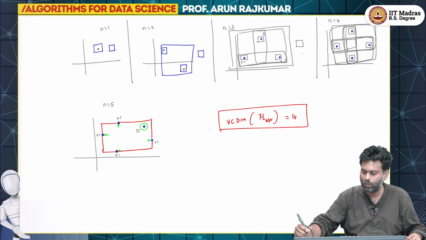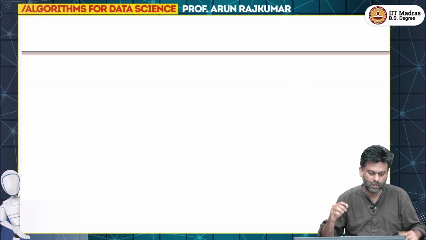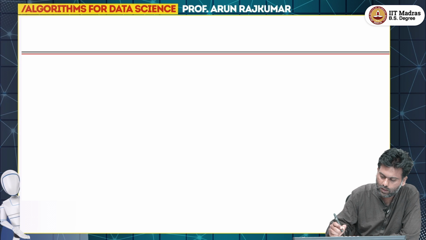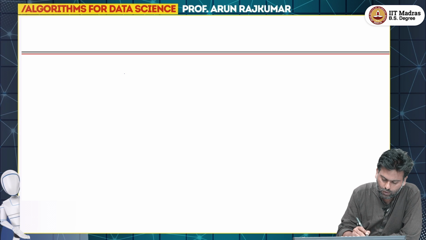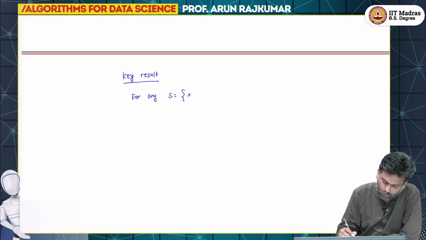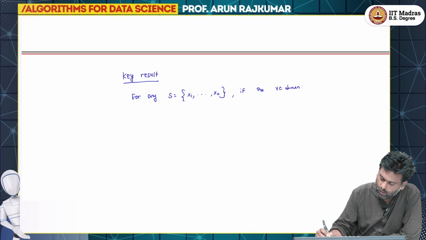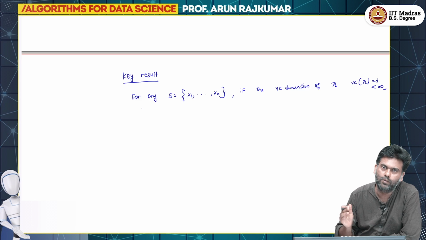And the beautiful thing is that this is why this theory is so dependent on VC dimension, and it's such a powerful combinatorial object. The key result is that for any data set S, let us say x1 to xn, n can be however big, if the VC dimension of H, let us call this VC of H, equals d, and d is less than infinity, which is a finite number.